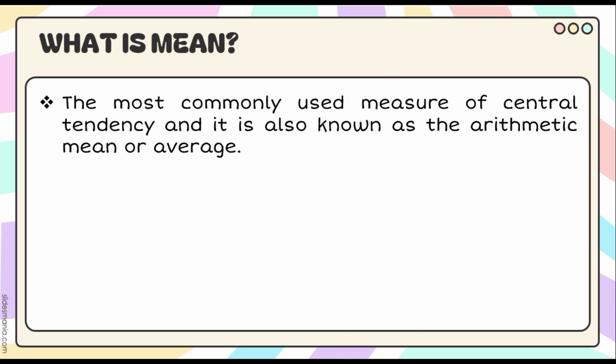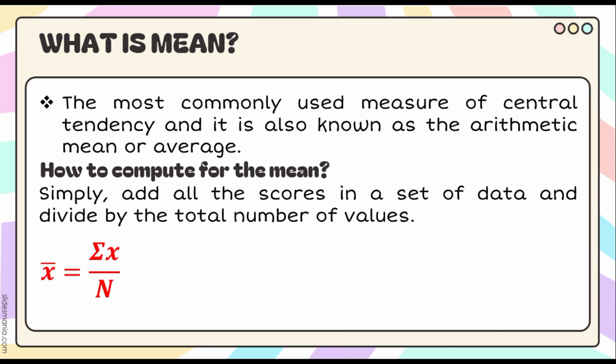I know some of you have an idea on how to solve the mean, because this is simply solving for the average of your grades. So how do we compute the mean? Simply add all the scores in a set of data and divide by the total number of values.